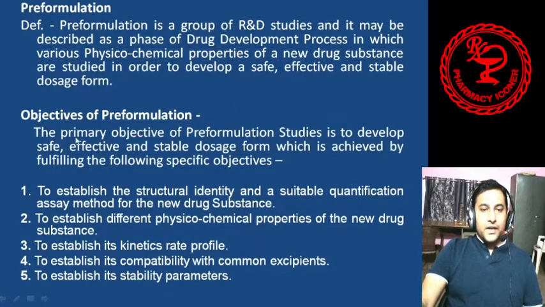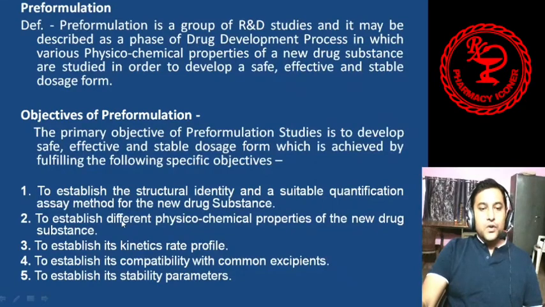The primary objective of pre-formulation studies is to develop a safe, effective and stable dosage form, which is further achieved by fulfilling the following specific objectives. Number 1, to establish the structural identity and a suitable quantification assay method for the new drug substance.